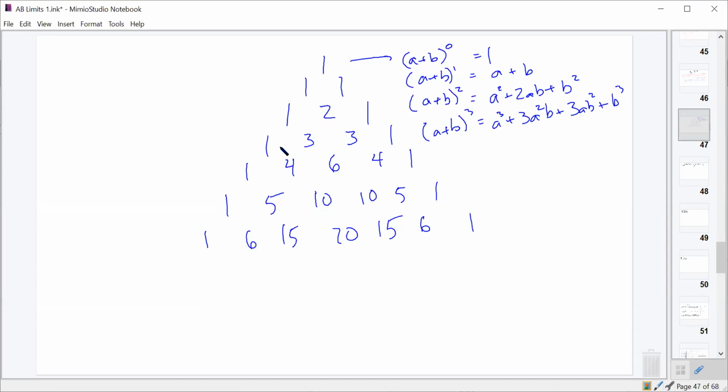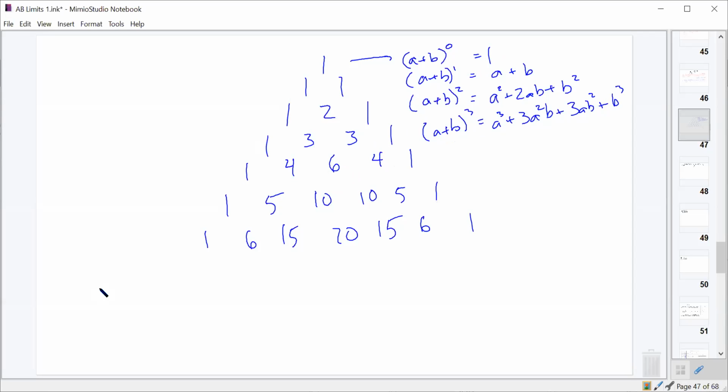Right. These numbers in Pascal's triangle give you the coefficients of the expansion of a binomial to any power. The coefficient on 1 is 1. The coefficients on the a and the b are both 1s. 1, 2, 1, 1, 3, 3, 1.